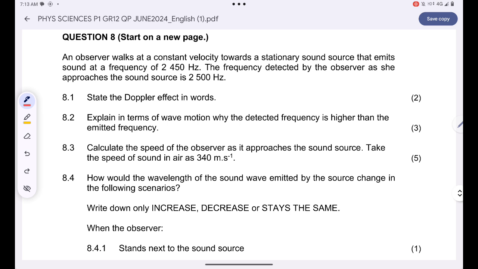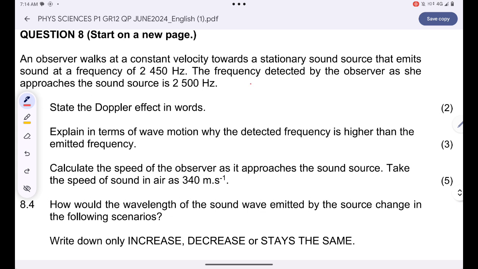From the statement, I already know that the source emits a frequency of 2450 Hz, and the detected frequency is 2500 Hz. I also know that the source is stationary, so the speed of the source is 0 meters per second, but I do not know the speed at which the observer walks.